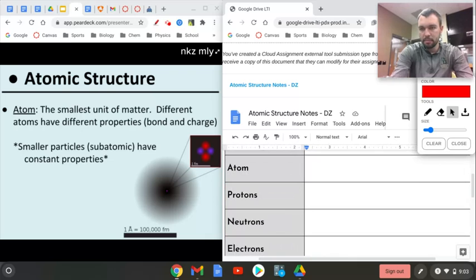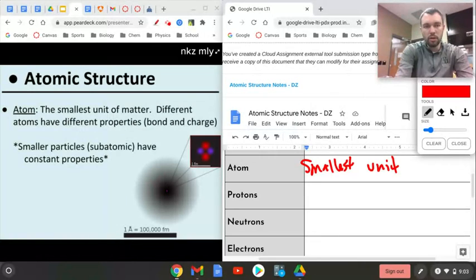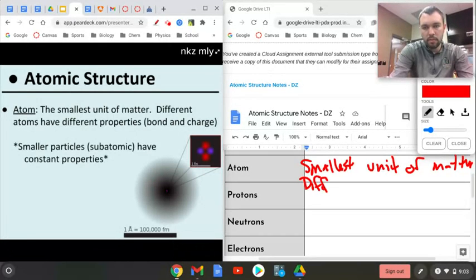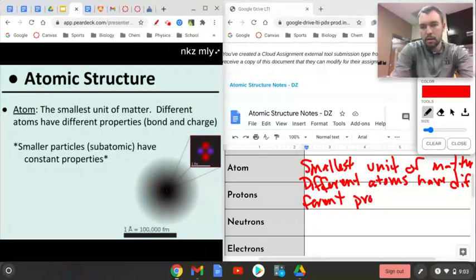The atom is the smallest unit of matter, and different atoms have different properties.